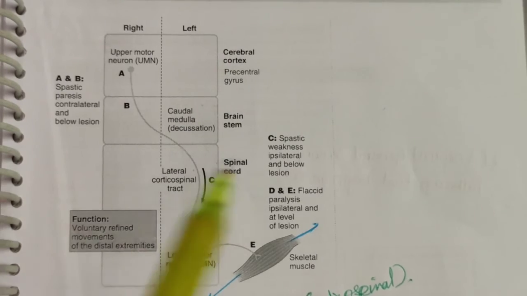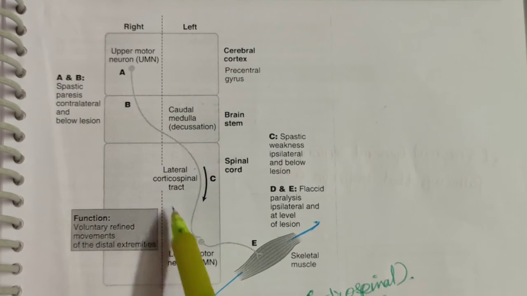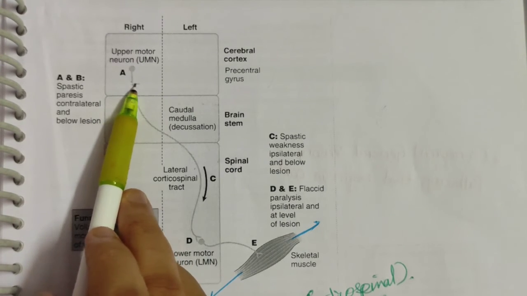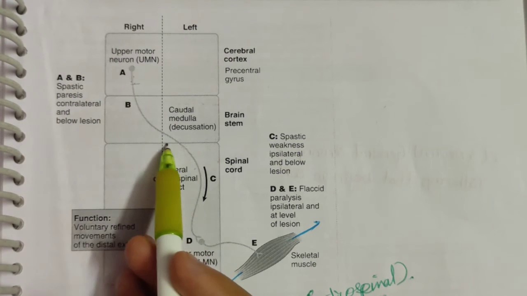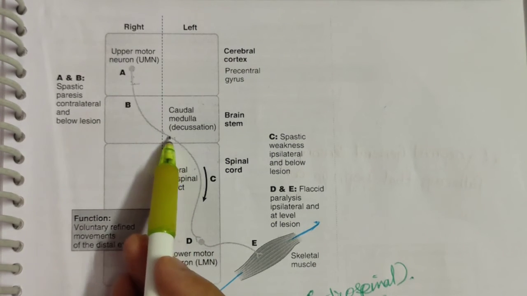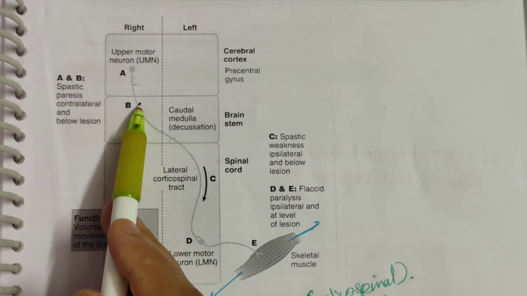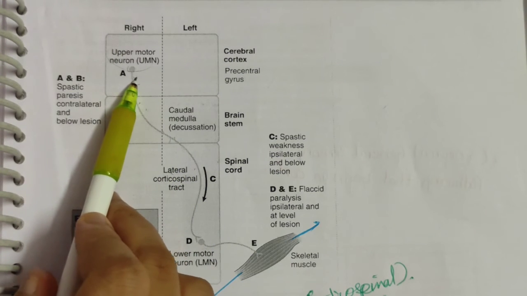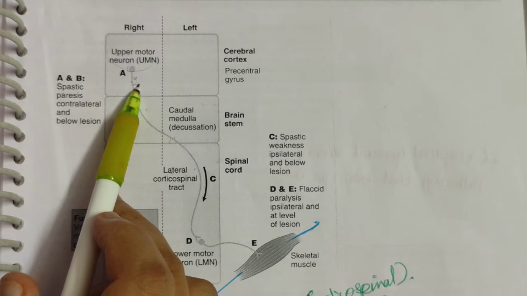If we get into the point, I'll show you a picture here so that you can understand more clearly. Suppose there is a lesion of the upper motor neuron before the pyramidal decussation, from here to here. The symptoms are contralateral and below the lesion, and upper motor neuron lesions result in spastic paresis.